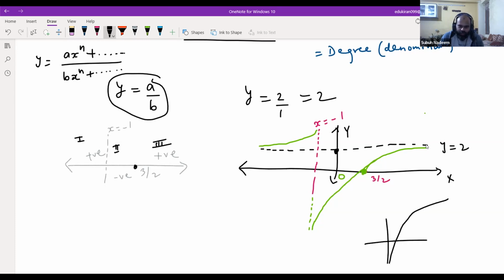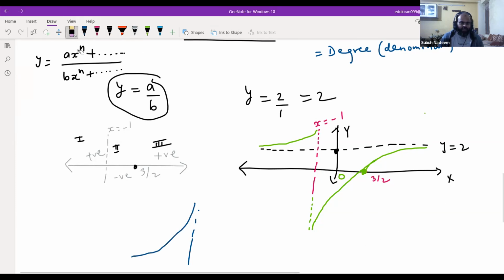No, it will stop at y is equal to 2 because it is a horizontal asymptote. And similarly, here also, when we start from the asymptote from positive infinity, we won't go downward. We'll stop at y is equal to 2 because it is a horizontal asymptote. Are you getting this? Yes, sir.